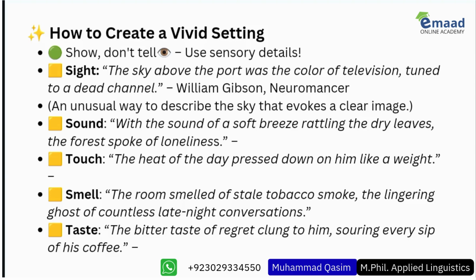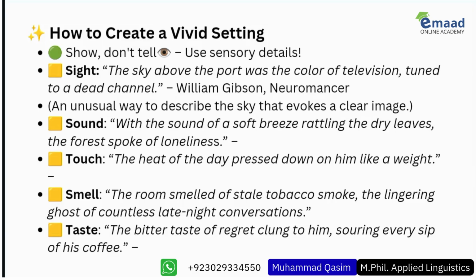The bitter taste of regret clung to him, souring every sip of his coffee. So, here, you can say, in the metaphorical sense, they have used it. We can also say, regret is not something that you can taste or eat, it's not an edible thing, but they have used it like that, souring every sip of his coffee.